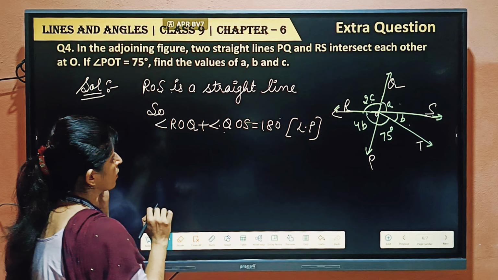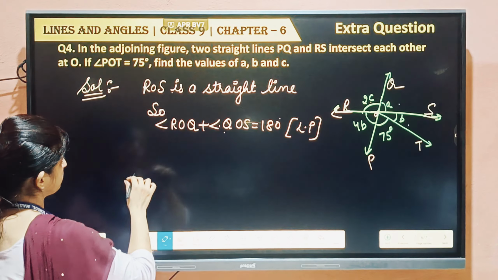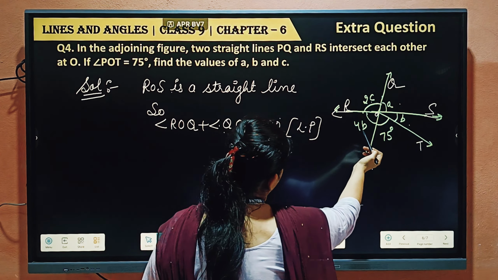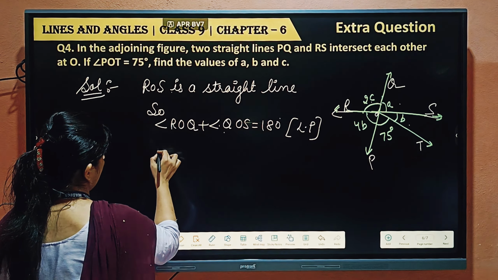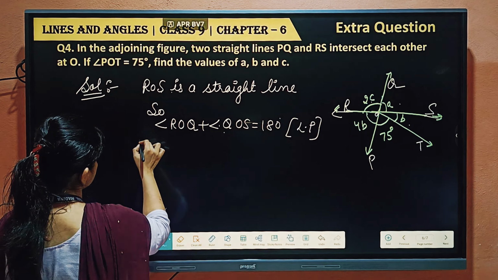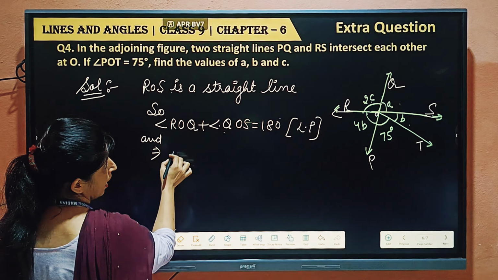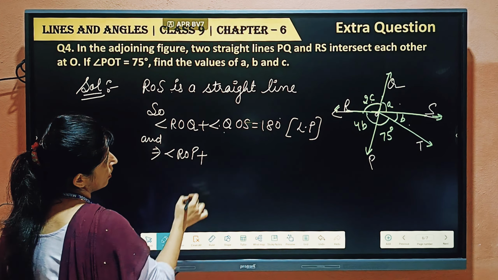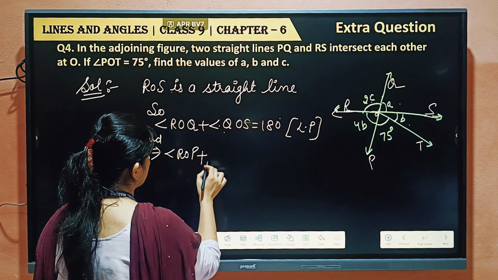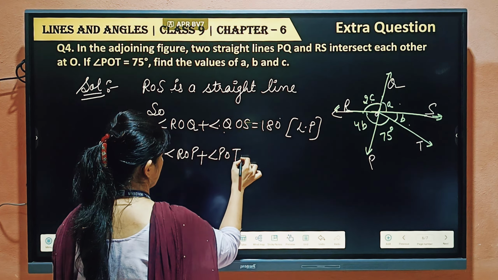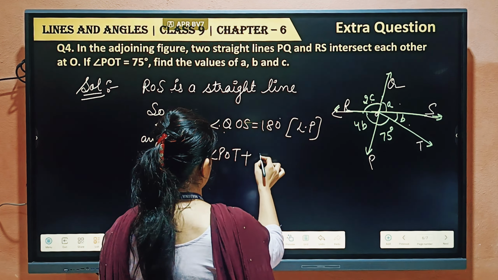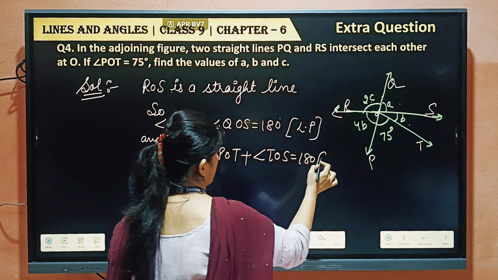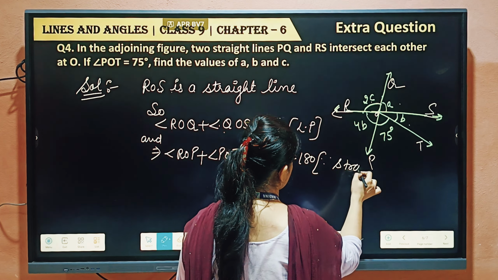In the same way, angle ROP plus angle POT plus angle TOS is also 180 degrees because of a straight angle.